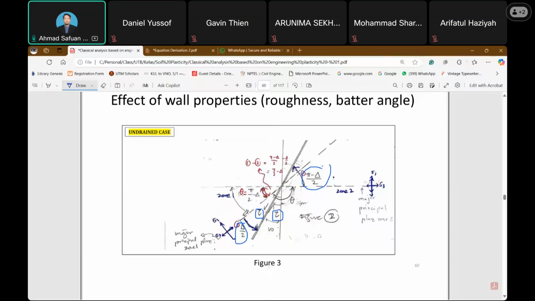So we need to look at this angle. It is the distance between S2 and S1. So then we need to use what we call trigonometry, because this is Cu. This is Cu.